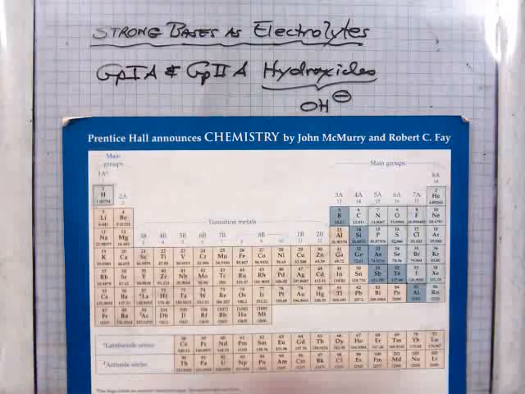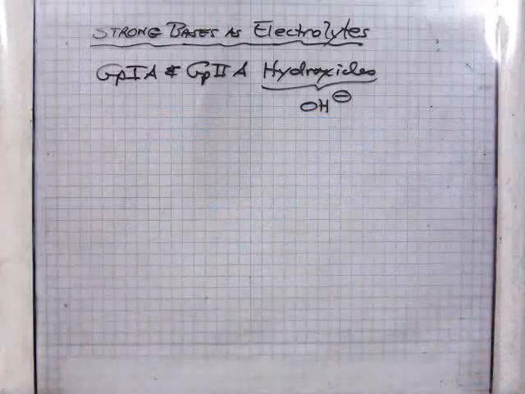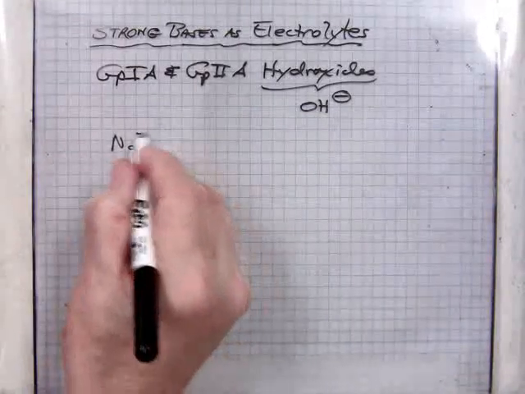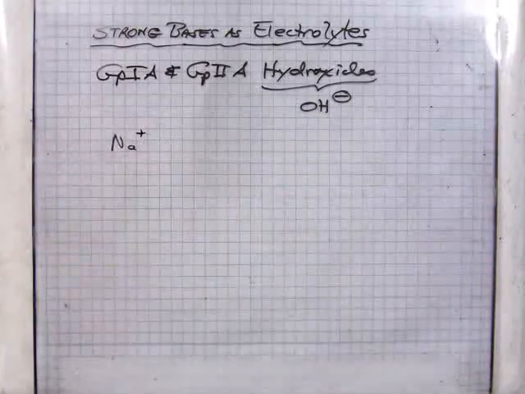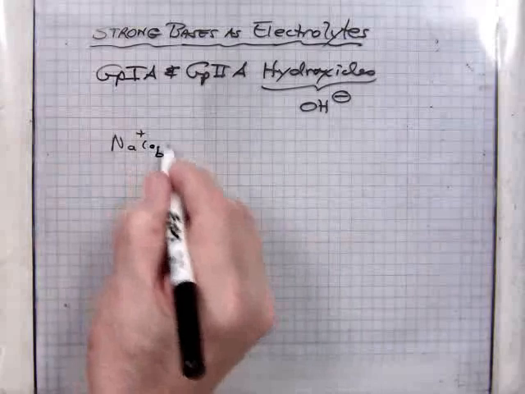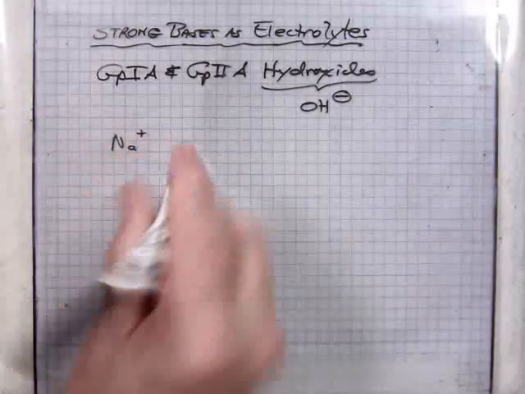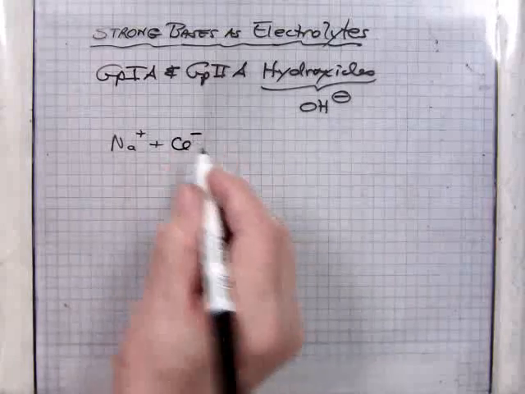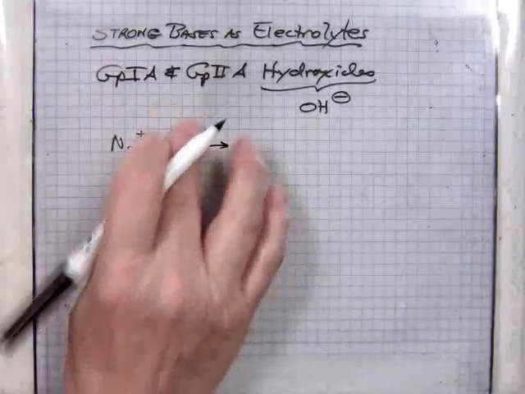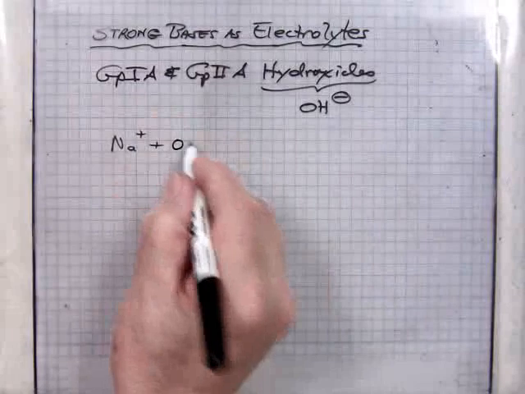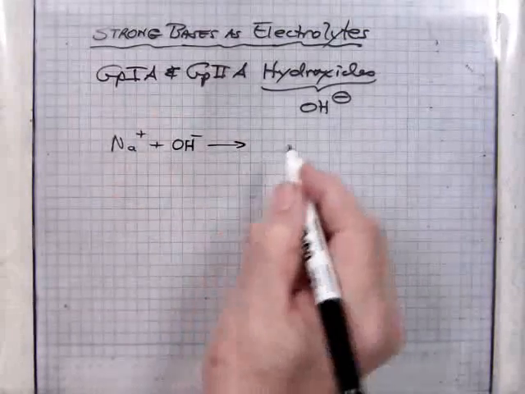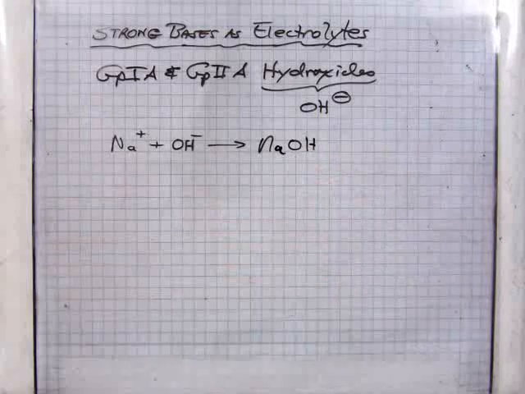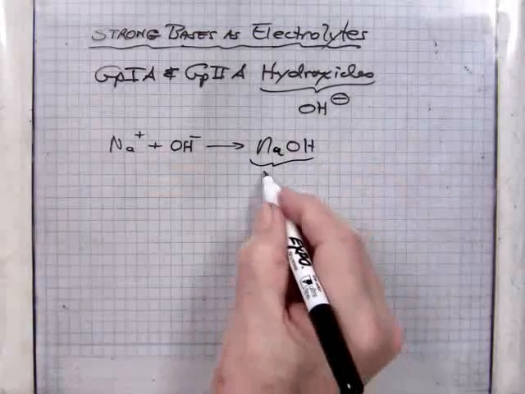For example, if we have sodium, plus 1 charge, in group 1, aqueous sodium plus 1, hydroxide minus 1 will give you sodium hydroxide. Well, that's a 1-to-1 combination.